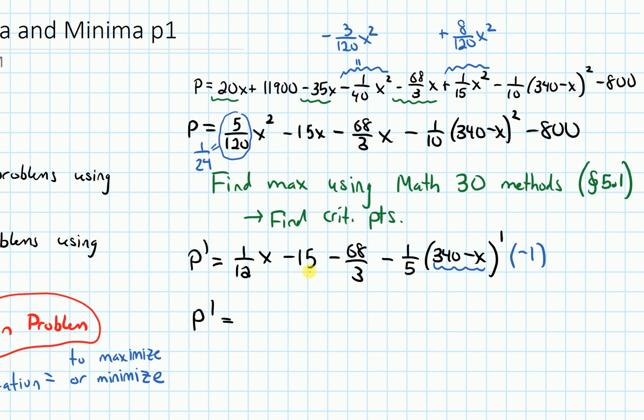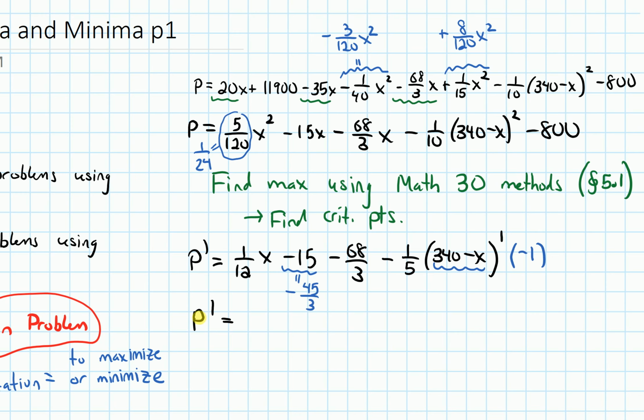Okay, so now to combine some of these terms, it's going to be helpful to get a common denominator. So negative 15, let's make the denominator 3 to match this next fraction. Negative 15 is the same thing as negative 45 over 3.